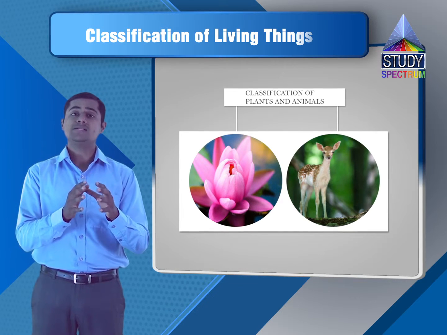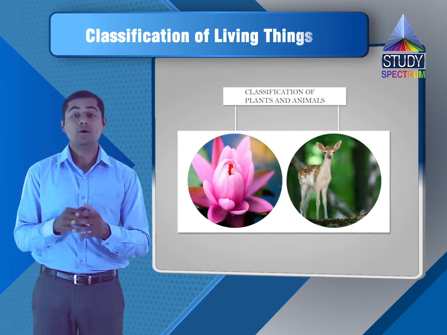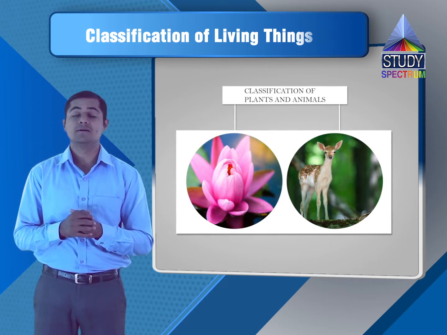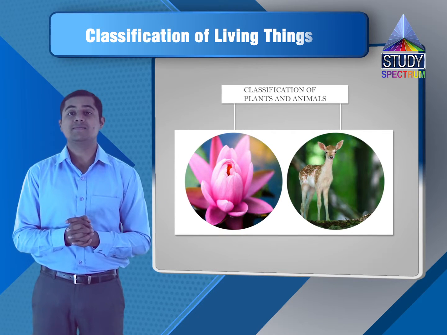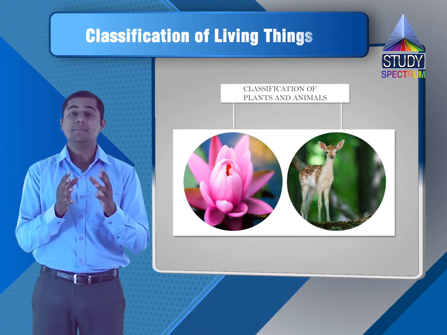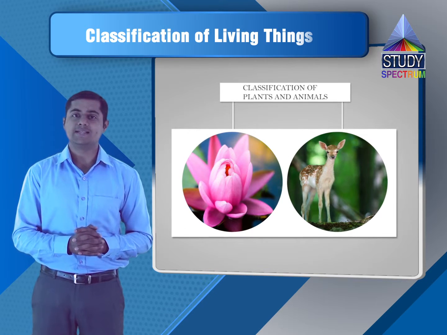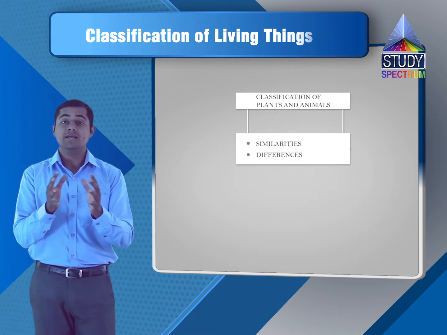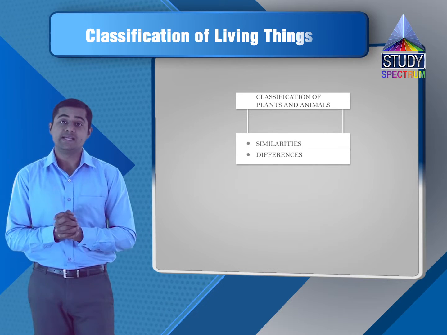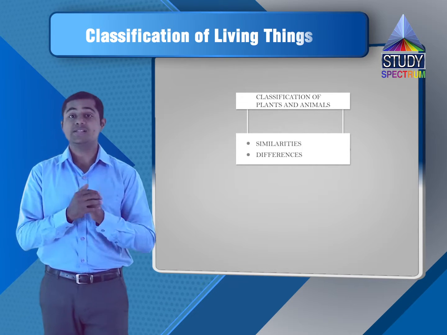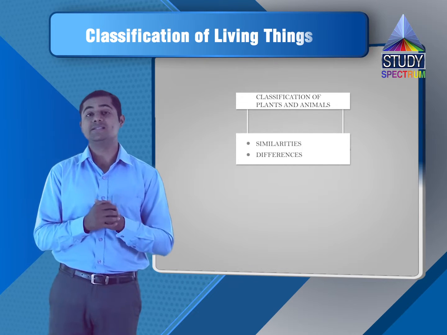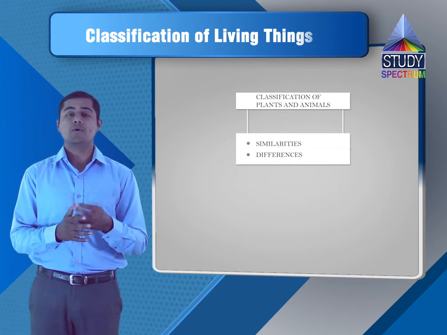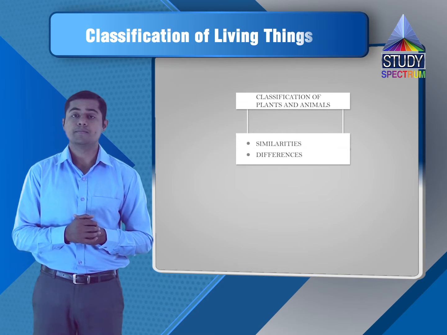Now, how to classify plants further? How to classify animals further? We always classify on some criteria. Which are those criteria? There are similarities in the organisms, the living things. There are some differences also. They differ from each other from a specific point of view.